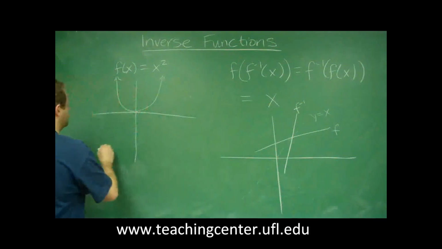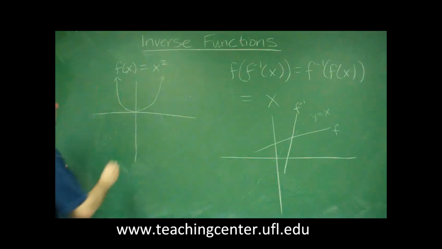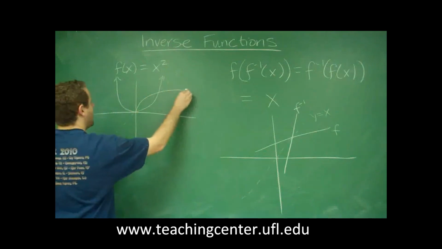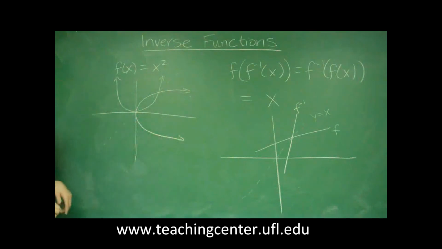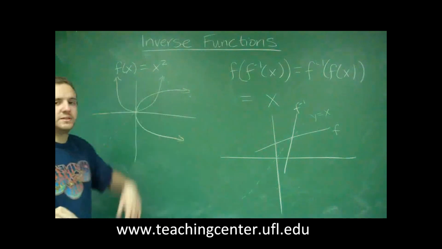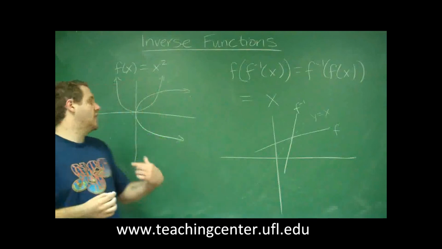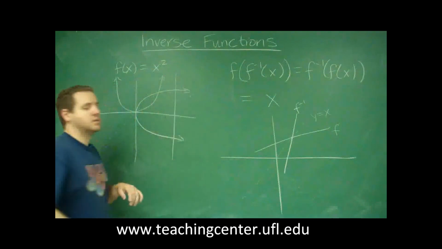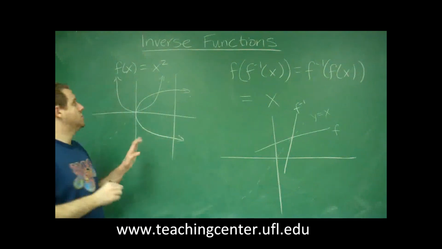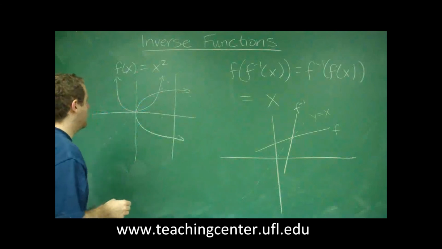Well, if we reflect this across the line y equals x, we're going to get basically looking like a sideways parabola. Here's a problem though. That result that we just got, this sideways parabola, is not a function because it doesn't pass the vertical line test. So this function x squared actually does not have an inverse.